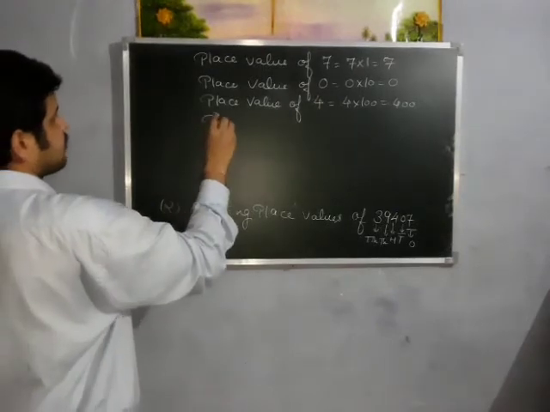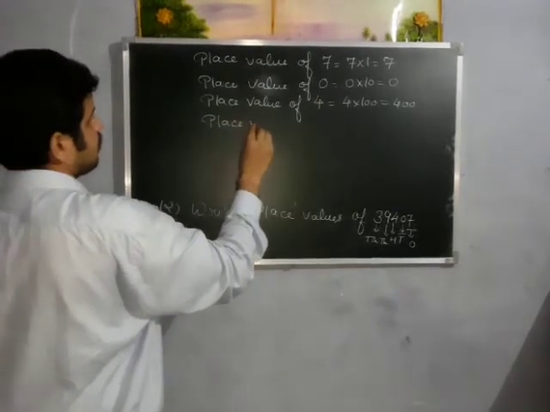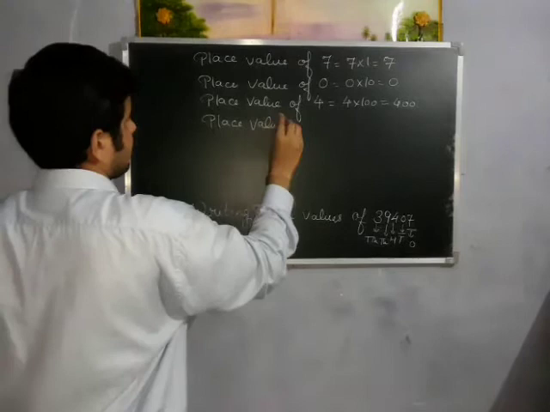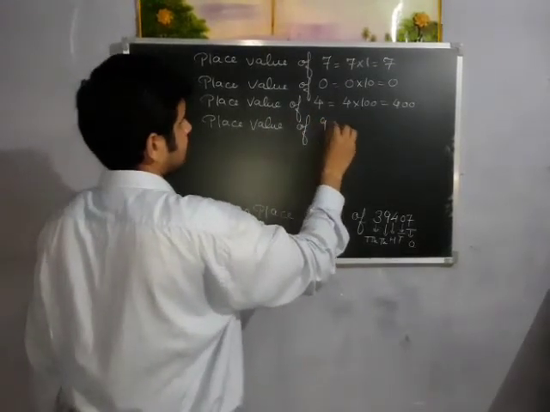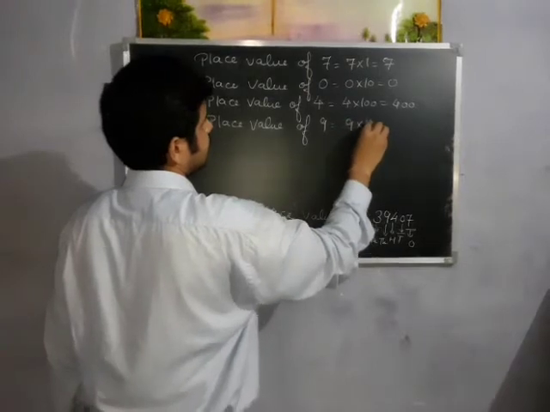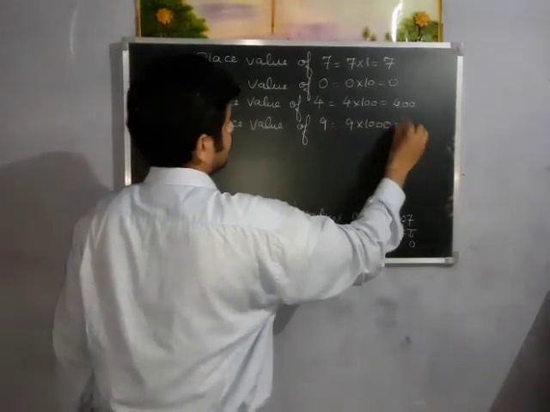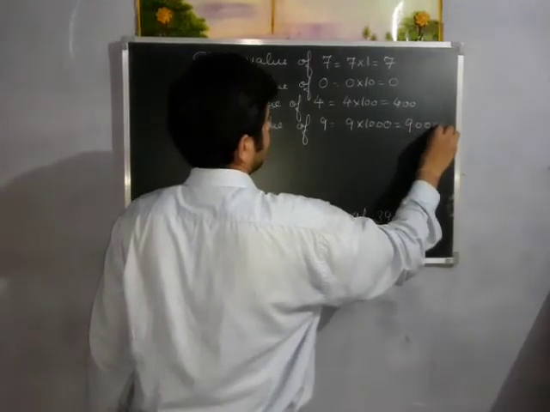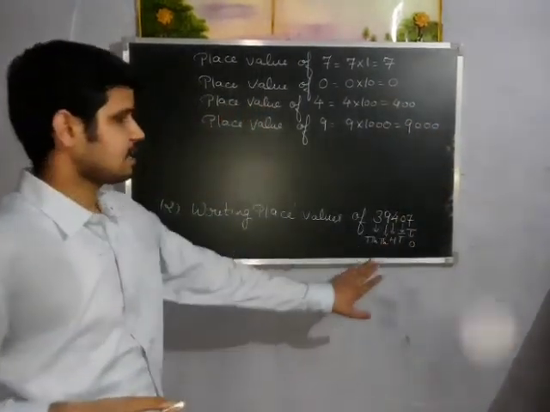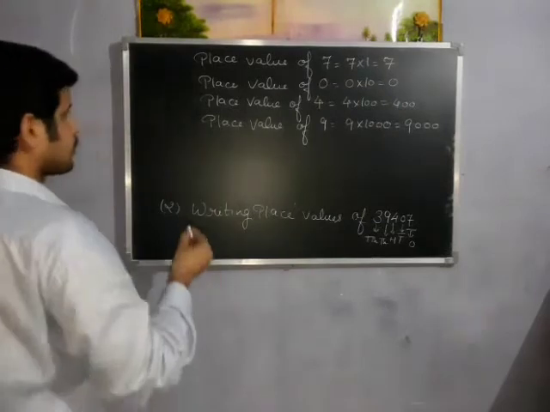Now place value of 9. So 9 multiplied by 1000 will come 9000, because 9 is at thousands place.